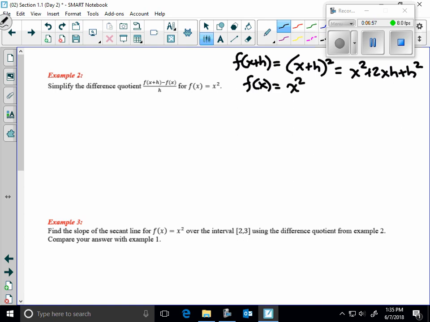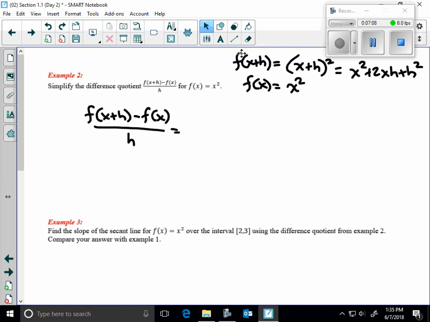So in the difference quotient in the numerator, if I have f of x plus h minus f of x, over h, that's going to be the same as, okay, f of x plus h, I know what that is. That's this. And f of x, well, that's this.